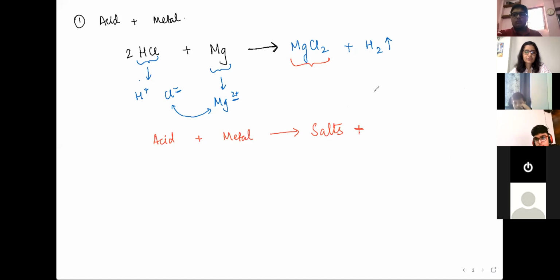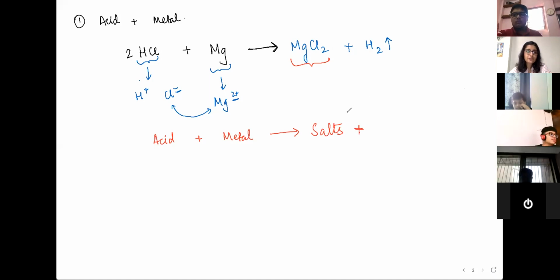The name is magnesium chloride, but the class or category of compound is a salt. Salt is made up of a cation that is usually a metal plus an anion. But it doesn't have to be a metal. There are other salts which are made of cations that are not metals also. Okay, do that later.